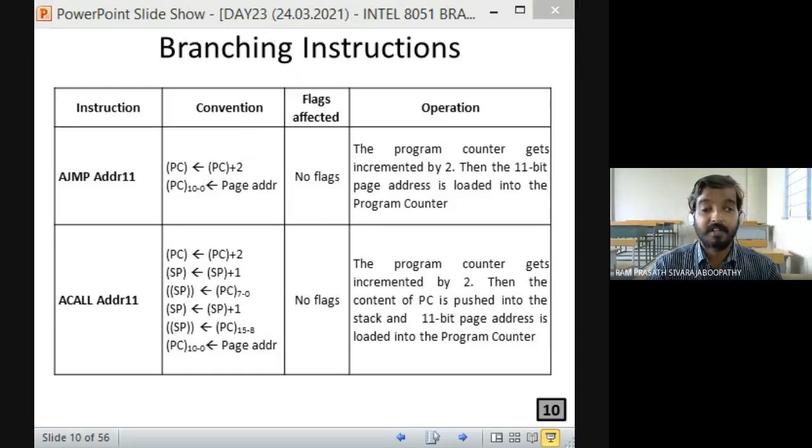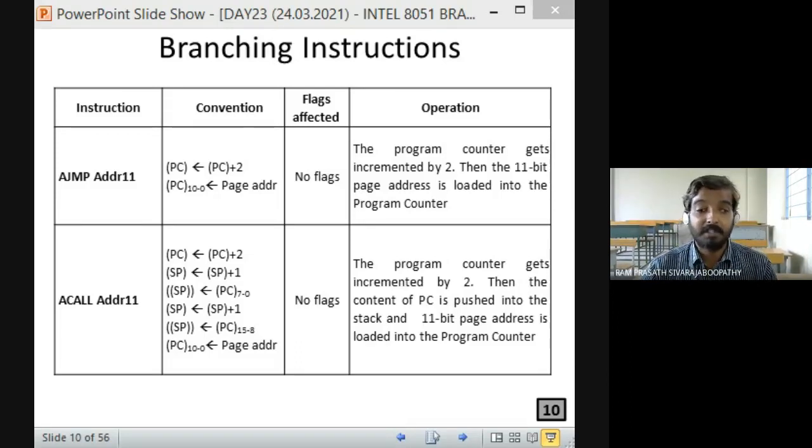Here the example is AJMP. Say, for example, if I want to branch to 8350H, I have to give only the lower byte in the instruction. What is the lower byte if the address is 8350H?